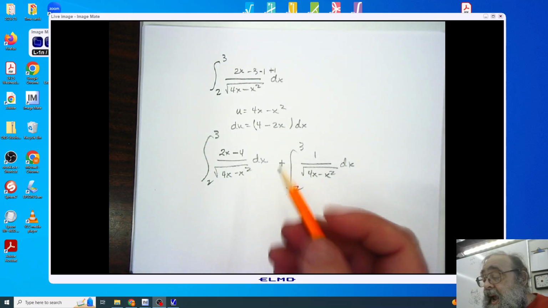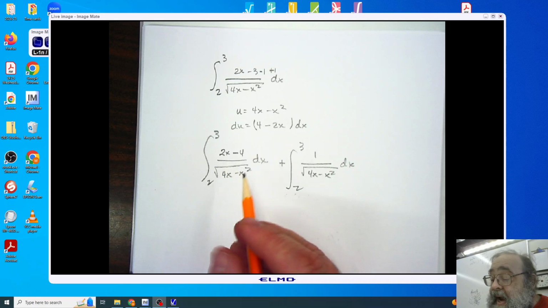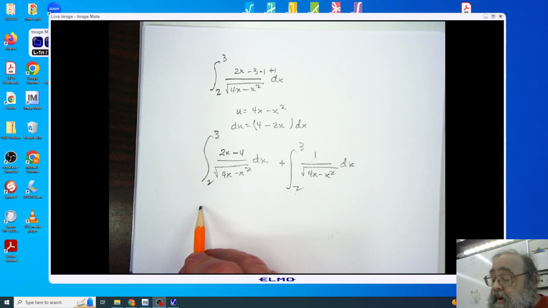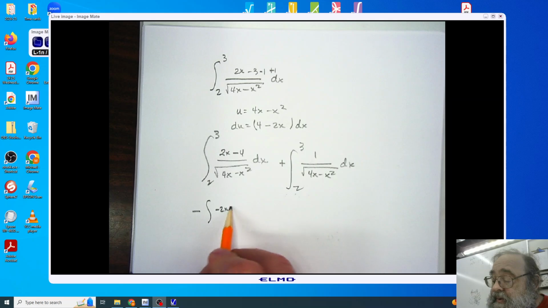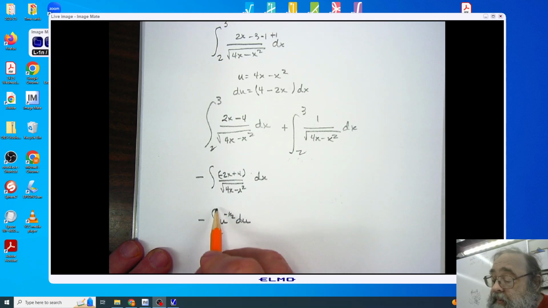Now, the problem I have is I have to flip this around so that I have a positive 4 and a negative 2x. So I'm going to bring out a negative. This is going to give me the minus 2x plus 4 that I want, and my dx, and my square root, and I'll be able to use a u. This is going to give me negative u to the minus 1/2 du from 2 to 3.